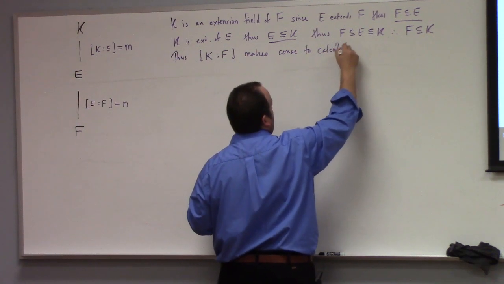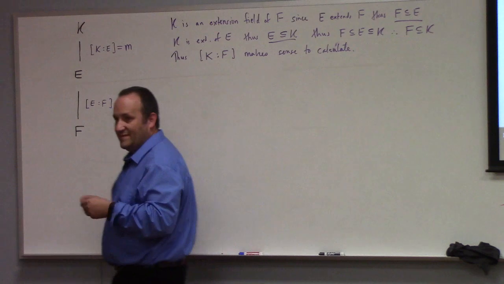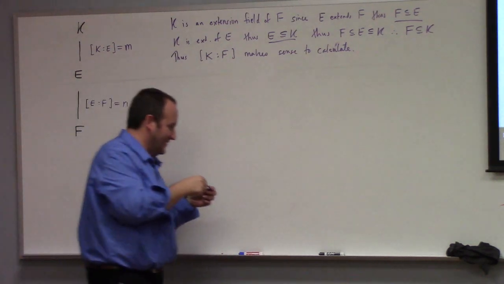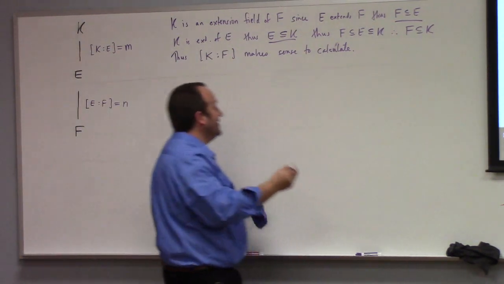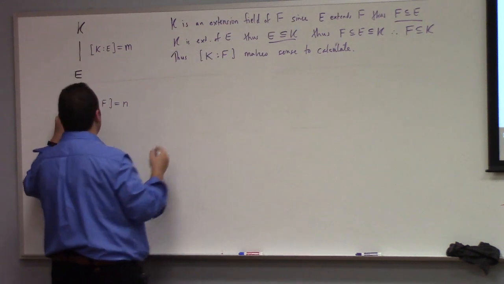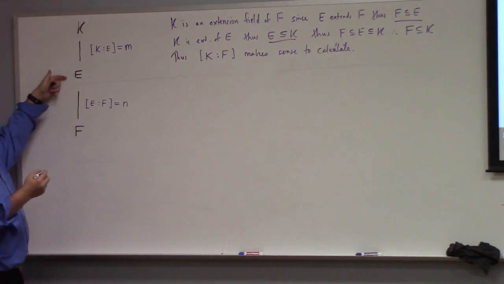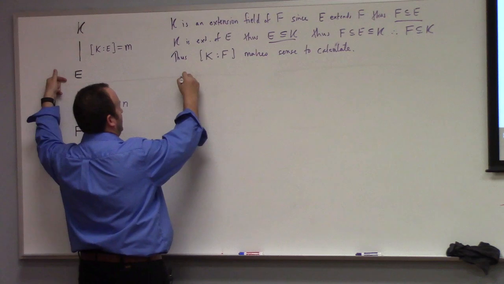Great. The rest of this is linear algebra, which of course makes me happy. Now, what does it mean to say that the degree of E over F is n?